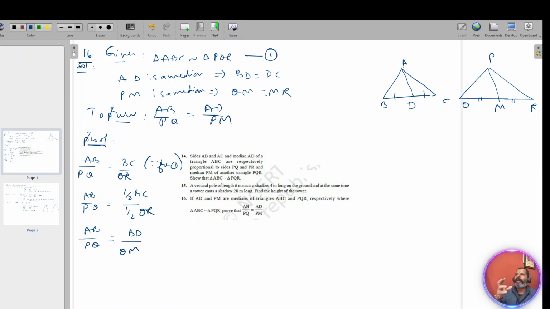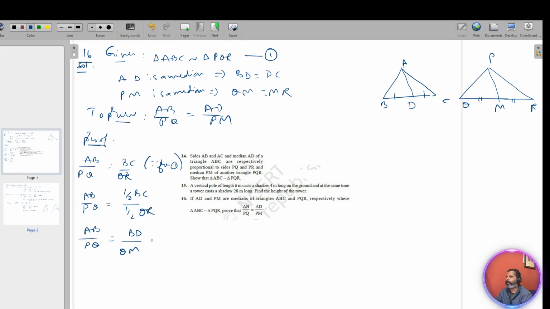Because we are making AB by PQ equal to AD by PM, we have to take a similarity for triangles ABD and PQM. We have already got AB by PQ, one is there. Since the triangles are similar, we have B and Q equal. We want another criterion. For that one, we derived BD by QM.